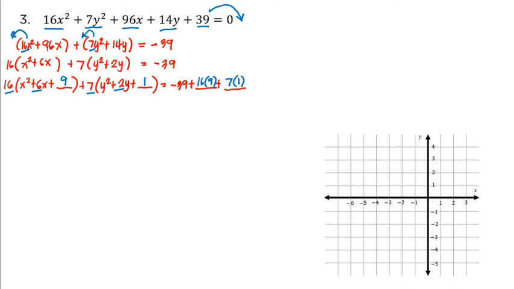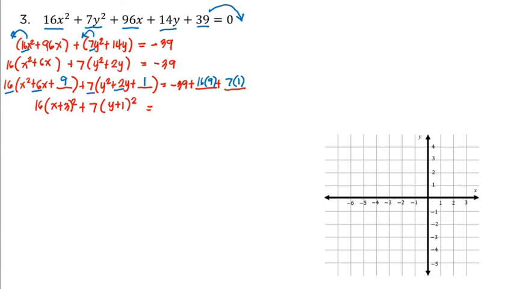Okay? So from that, we can now write the equation in factored form, right? So that will be 16 times factored form ng x squared plus 6x plus 9 is x plus 3 quantity square, right? Plus 7 times factored form ng y squared plus 2y plus 1 is y plus 1 quantity square.